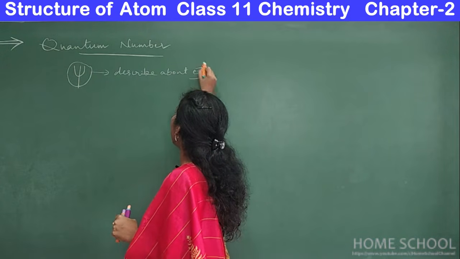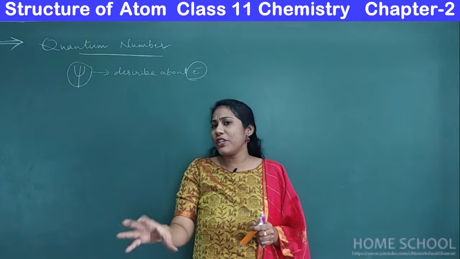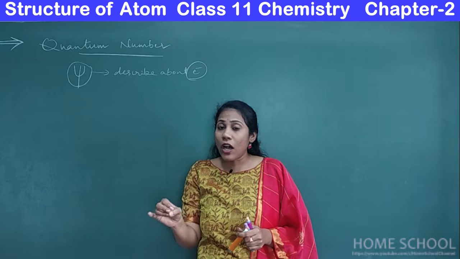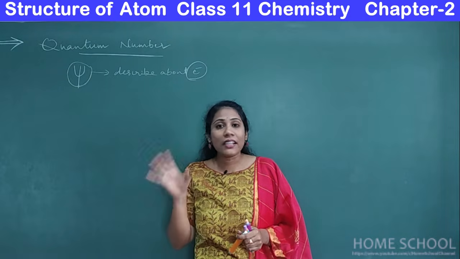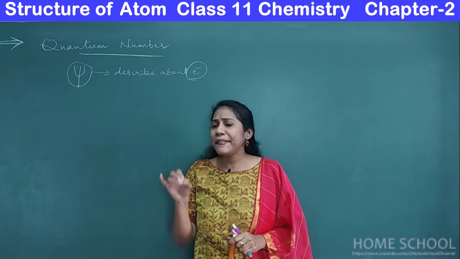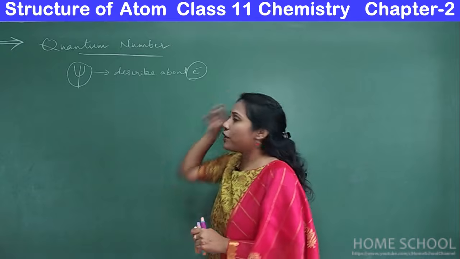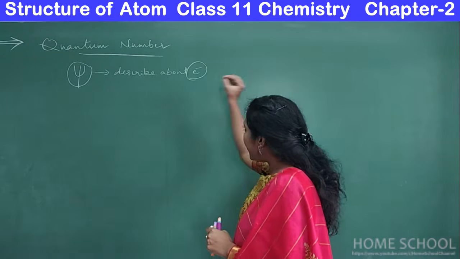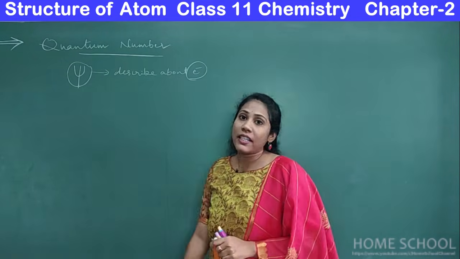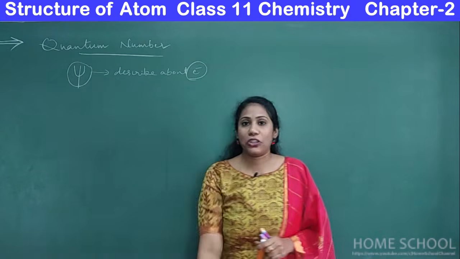It is very much necessary to know every piece of information about an electron. It's because these are the particles which can participate in chemical reactions, and it is very important to understand the location of an electron, the way it revolves around the nucleus, and the energies associated with the electrons.